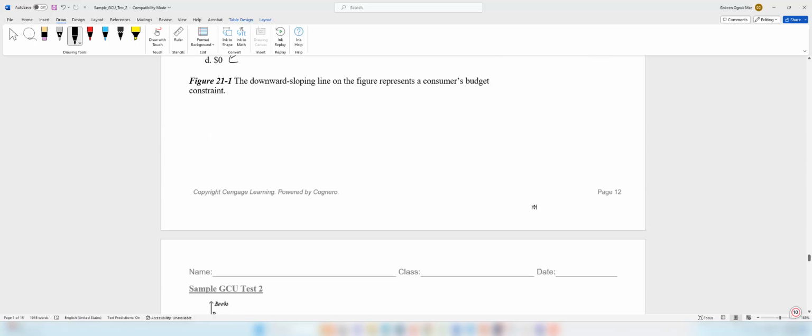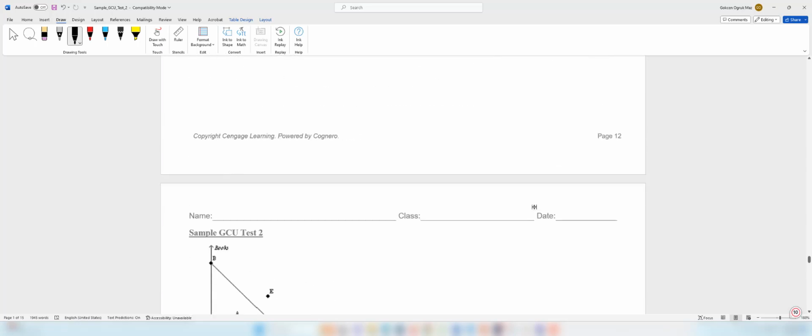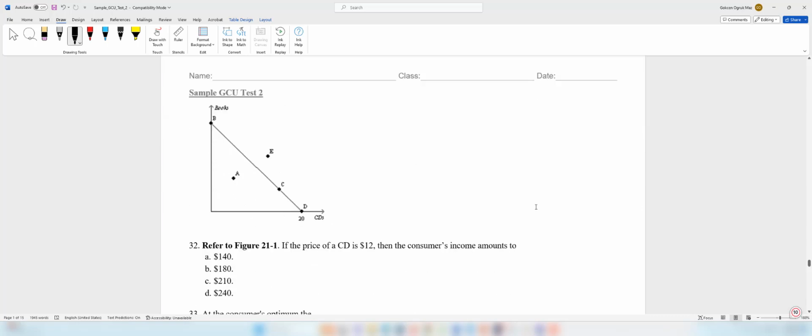The downward sloping line on the figure represents a consumer's budget constraint. If the price of a CD is $12, what is the consumer's income? Point D represents the consumer buying only CDs with the entire income. So $12 per CD times 20 gives us the entire income of the consumer, which is $240.